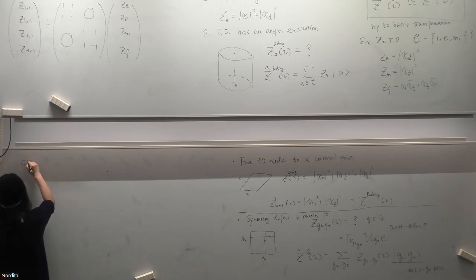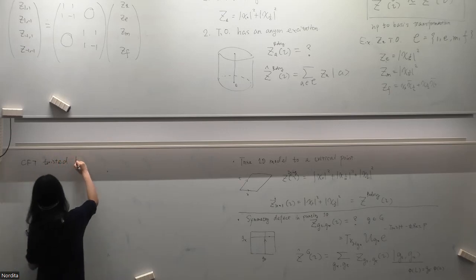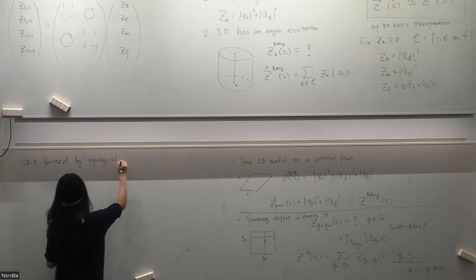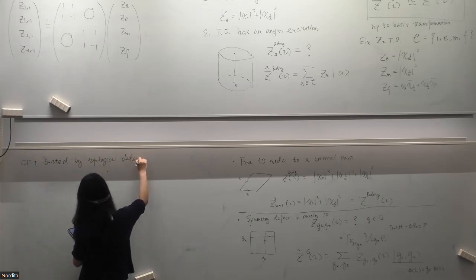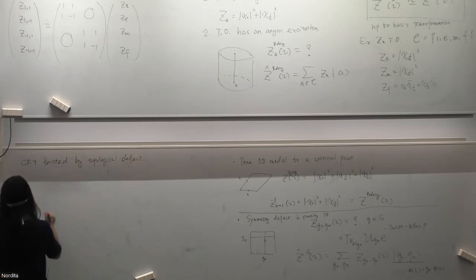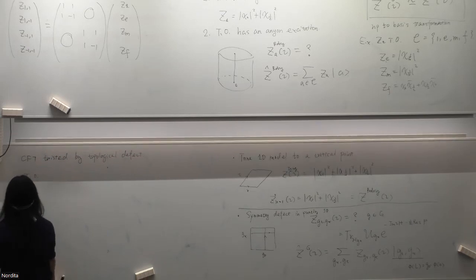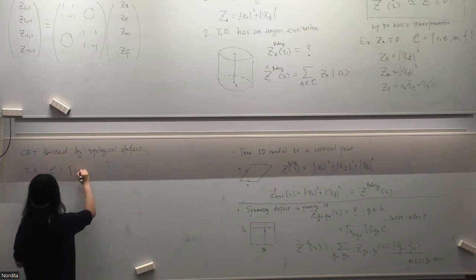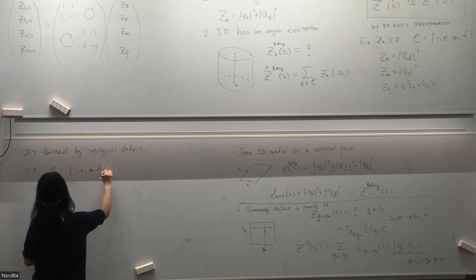So, CFT twisted by topological defects, which means the anyon defect. In general, we need some algebraic data about the topological order. We know that a topological order usually means there's a category that describes it.